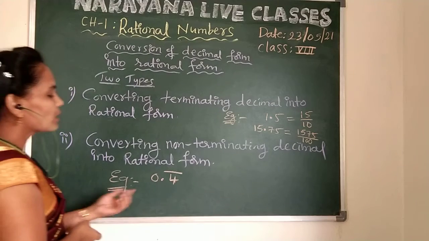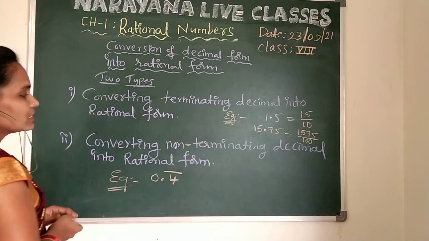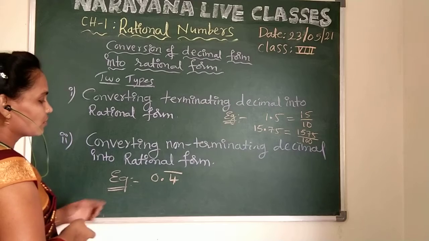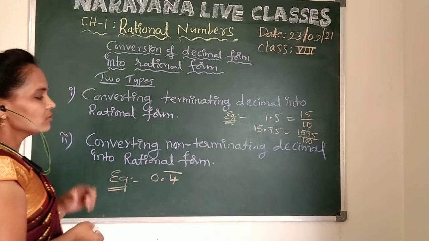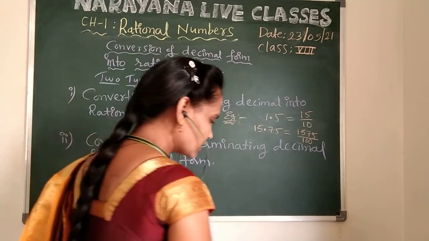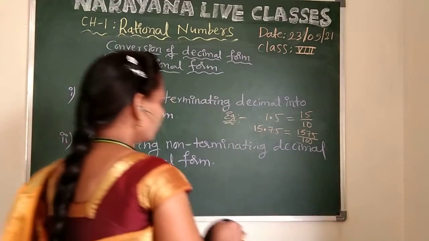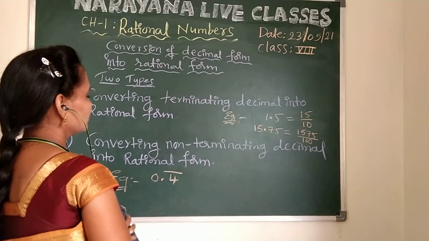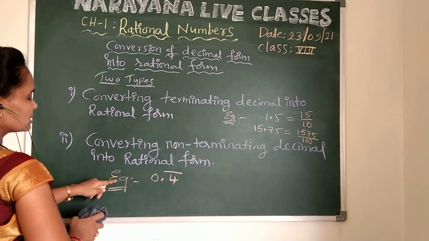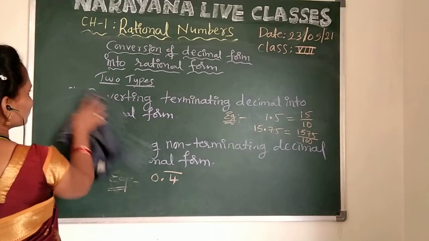So how can we convert this non-terminating decimal into rational form? One method is there, and I will show you how to write it in rational form.